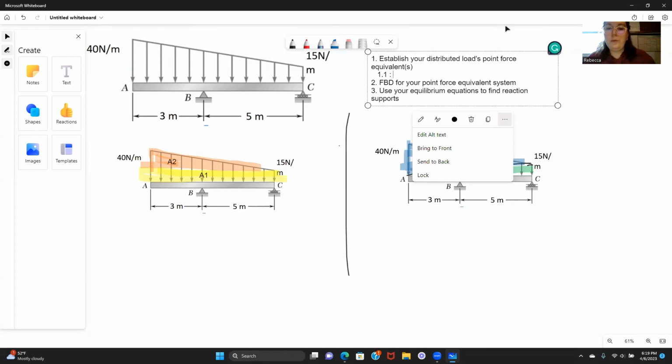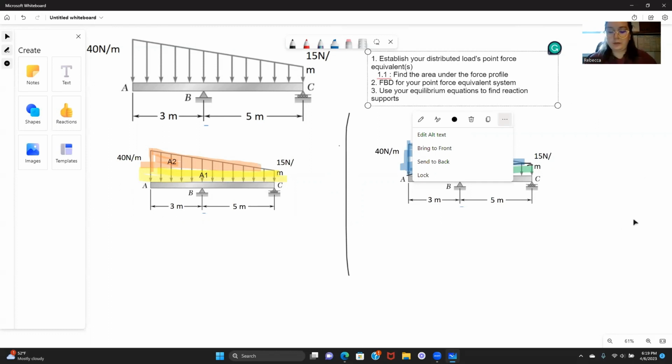You want to find the area under the curve, or we'll not call it curve, we'll call it the area under the force profile. So the force profile is using the height of your force, or the magnitude of your force, times its length to figure out the point force equivalent.